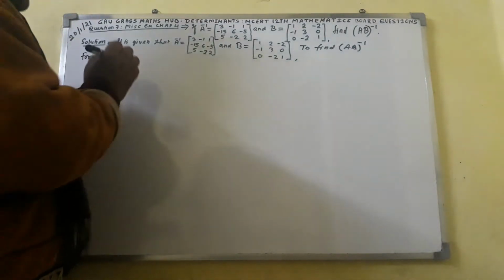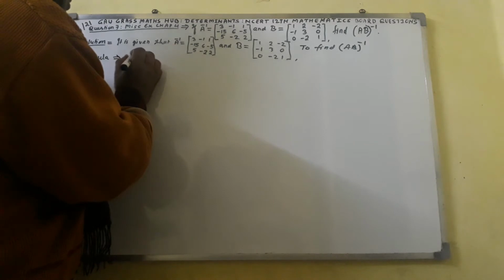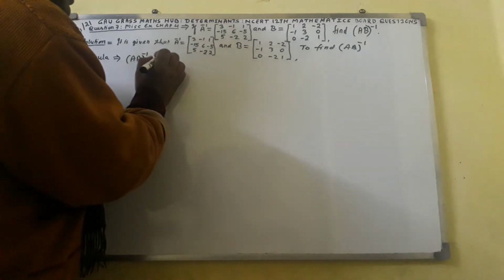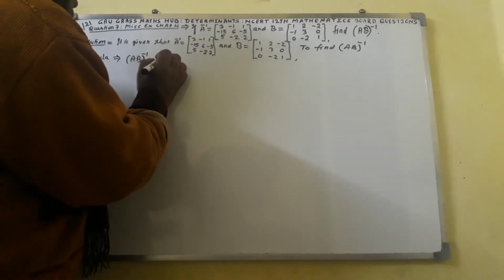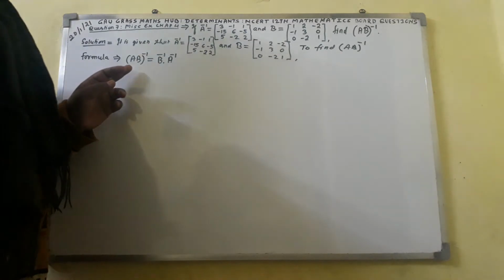Formula: it implies that (AB) whole inverse is equal to B inverse dot A inverse. This is the formula we must remember.